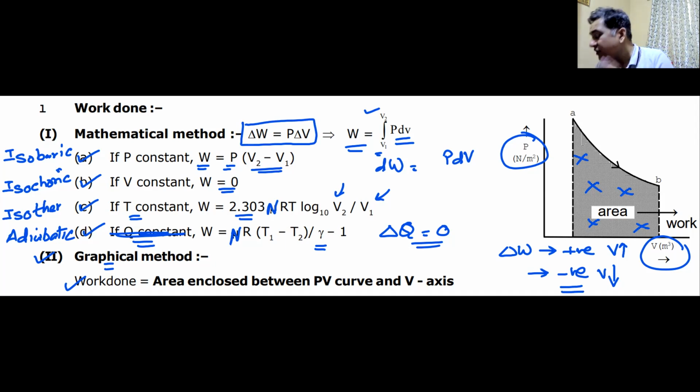I'll give you a minute to note these entire things down and to remember these formulas, because we will be needing these formulas throughout this chapter.